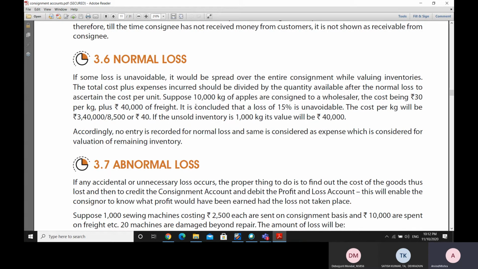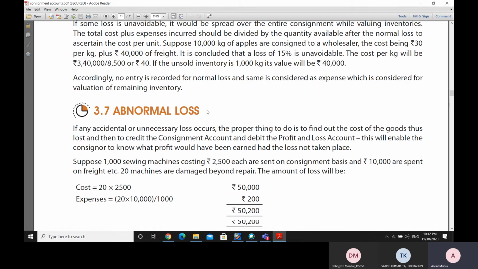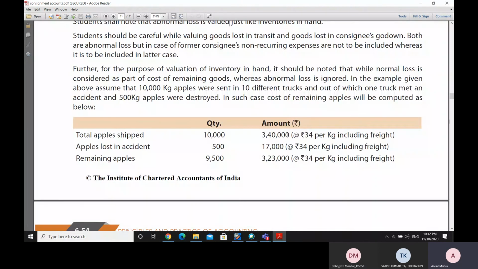So the total cost comes to 30 into 10,000, which is 3 lakh, plus 40,000, so 3 lakh 40,000 is the cost of these 10,000 kgs of apples. When we look at it, it comes to about 34 rupees per kg, including freight.